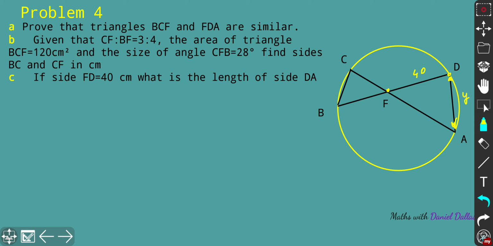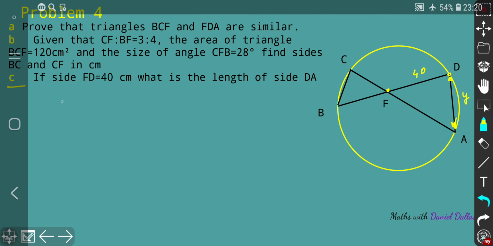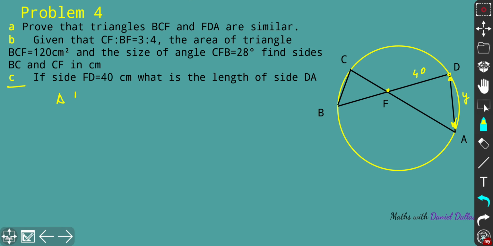This is y, this is 40, and I'm pretty sure we can use the idea of proportional sides. The triangles we consider in C: triangle BCF is similar to triangle AFD.